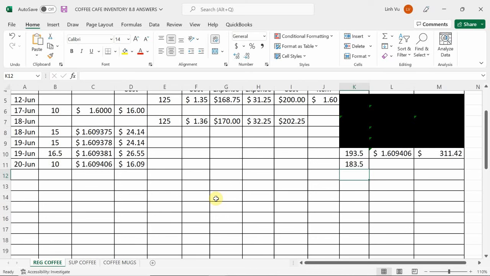If I started out with $311.42 and I sold 1609, how much should I have left?